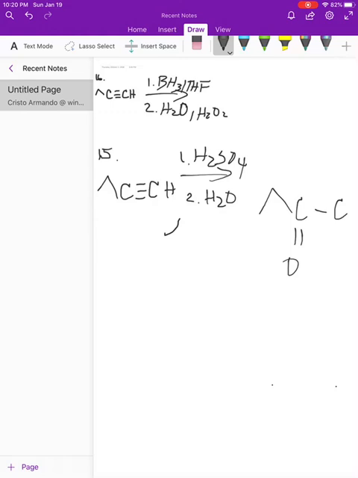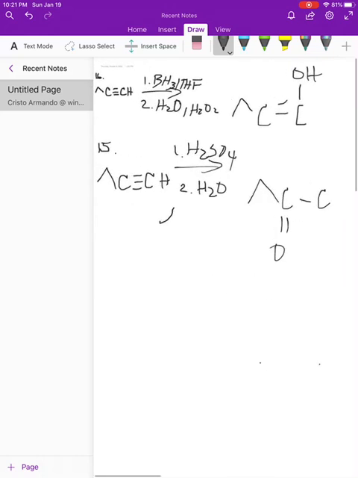In hydroboration oxidation, we add the OH to the least substituted carbon. So it adds in an anti-Markovnikov fashion, and it tautomerizes to create an aldehyde. So this is the final product, right?